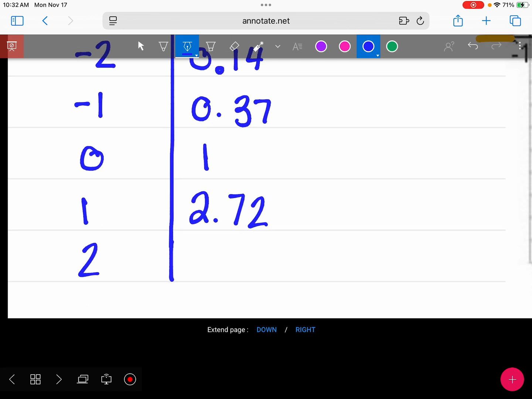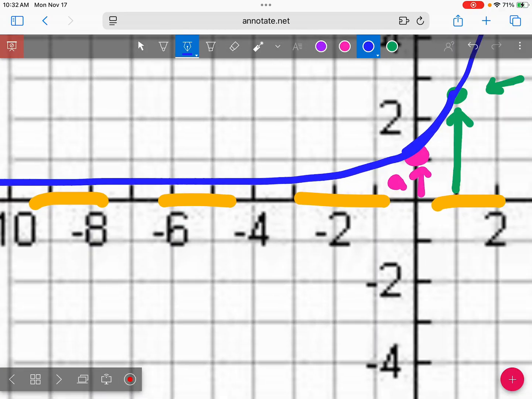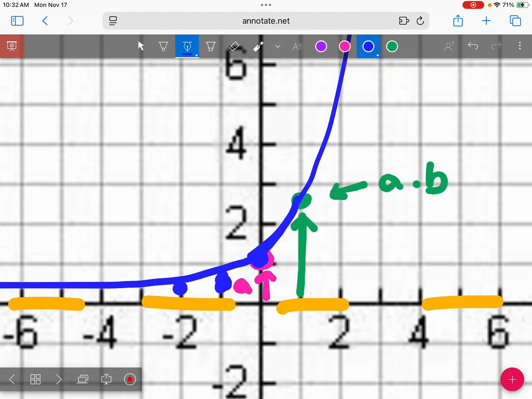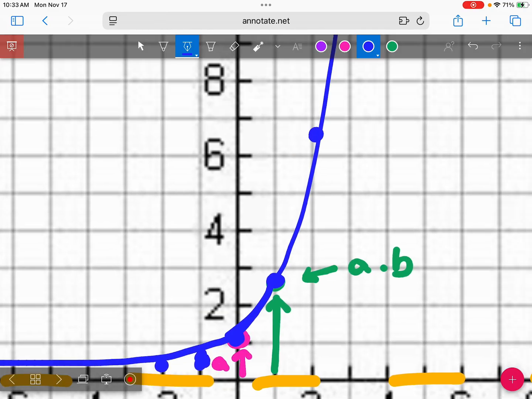And e to the second is 7.39-ish. And this actually lines up with exactly what my first sketch shows. So our -2 is here at about 0.14, -1 about 0.37, 0 is 1, 1 is 2.72 up here, and 2 is about 7.4. If I was good at sketching, I'd be right on it. So it totally works to go that way as well. 100% okay. Showing you options.